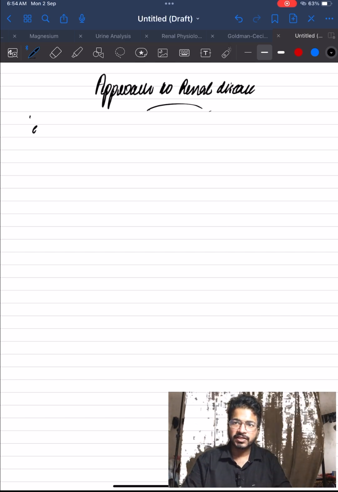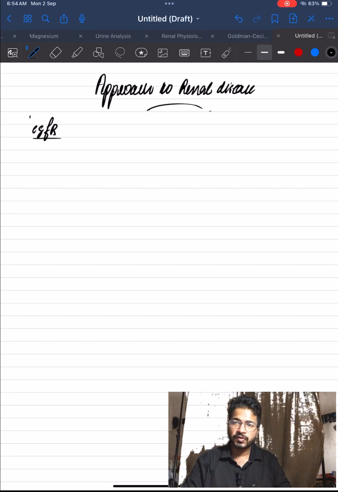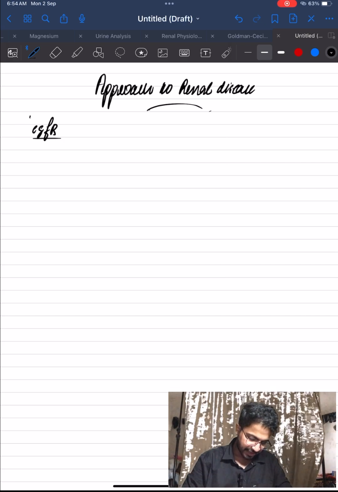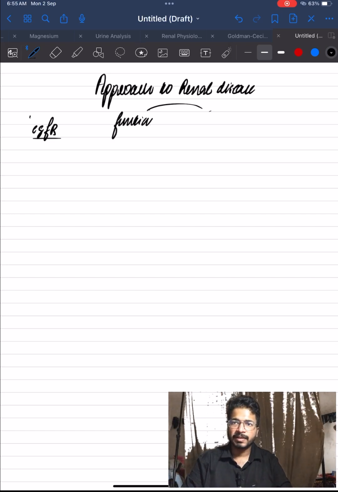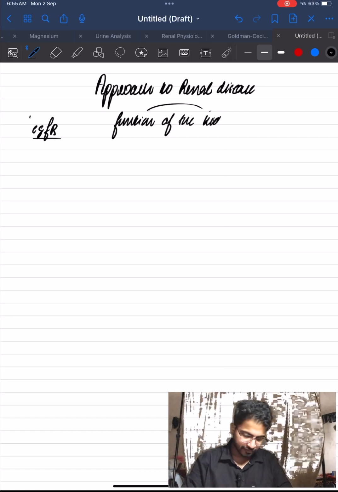First of all, serum creatinine by itself doesn't make any sense at all. So we have to calculate eGFR, the estimated glomerular filtration rate. How do we assess the function of the nephron? How do we assess the function of the kidney?